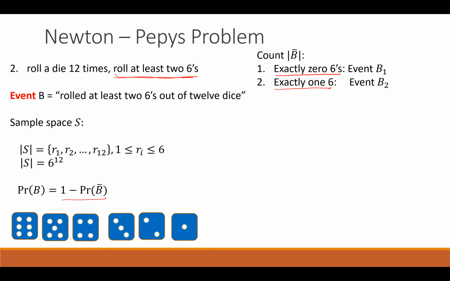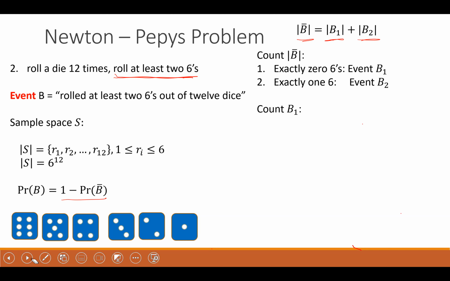Again, it's case analysis, same as we would have had to do if we computed B directly. There's just fewer cases. These are disjoint, so I'm going to add them up. The size of B complement is equal to the size of B1 plus the size of B2. Now we have to count the size of these 2 events.